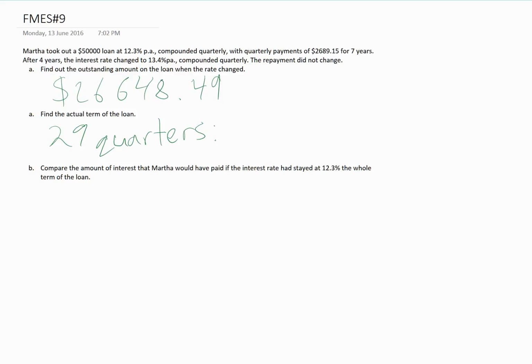Because for those first 28 quarters, she's paying the same amount, $2,689.15. So all we need to find is the final payment for the revised example, so where the interest rate has changed.